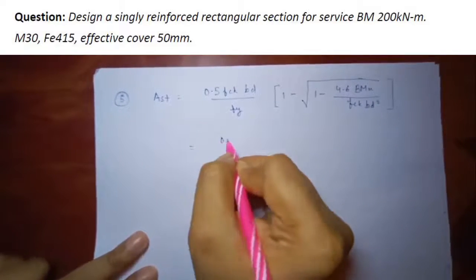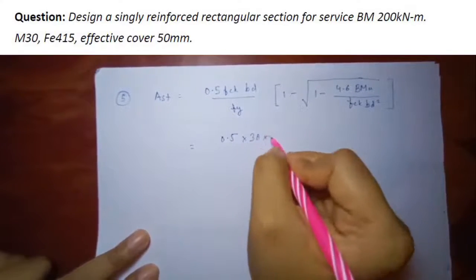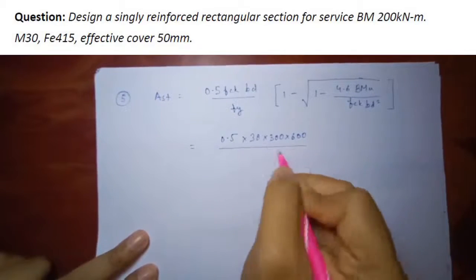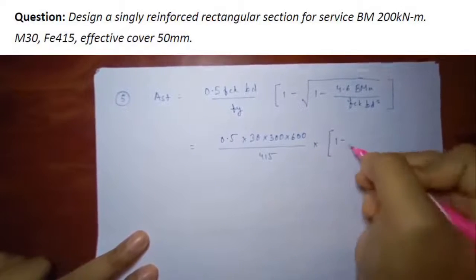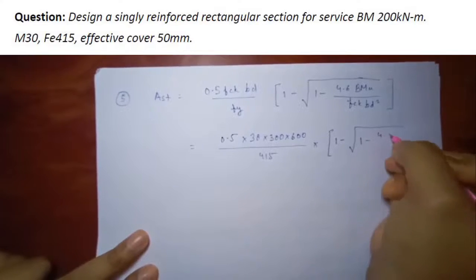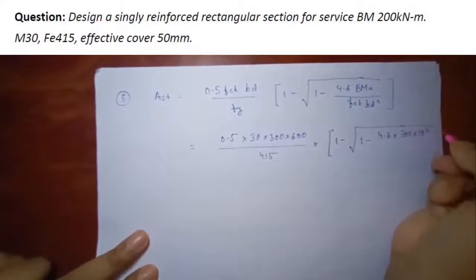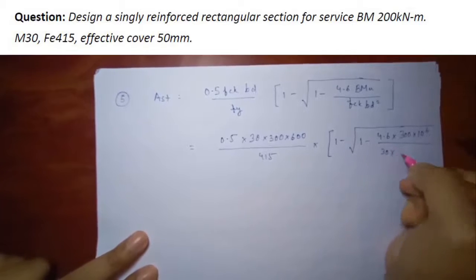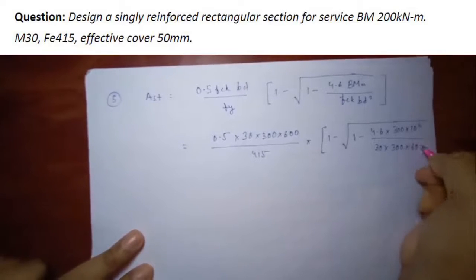So it is 0.5, 30, B is 300, D is 600 upon Fy is 415 multiplied by 1 minus square root of 1 minus 4.6 multiplied by 300 multiplied by 10 to the power 6 divided by FCK is 30 multiplied by B is 300 multiplied by D square, that is 600 square.